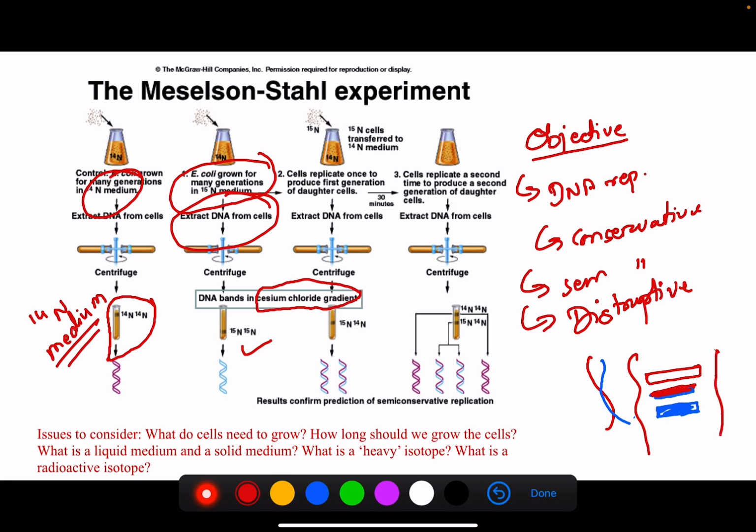Somewhere here. And if it is conservative, then you will only see these two bands, not the third band at all. And if it is dispersive, you will see only one band, right? Only one band or a smear, basically, of bands.